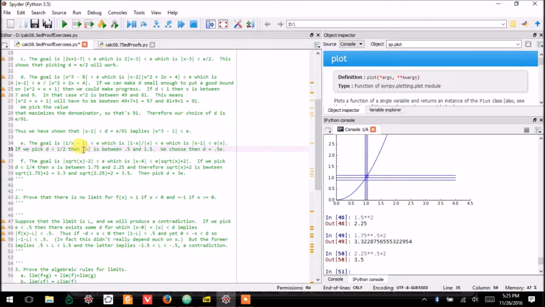X has avoided potentially taking on the value 0 or anything like it. So in that case, we want to minimize this side of the inequation, and we pick 0.5. So d equals 0.5e. That's the choice of d, and if you throw everything into the limiting statement, you'll get it all to work out.